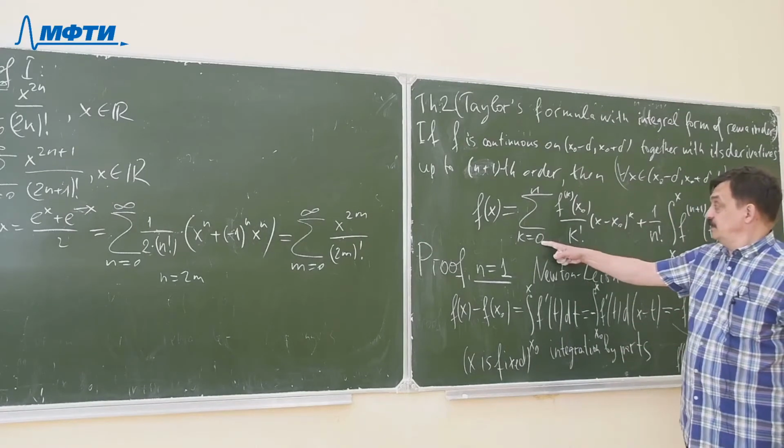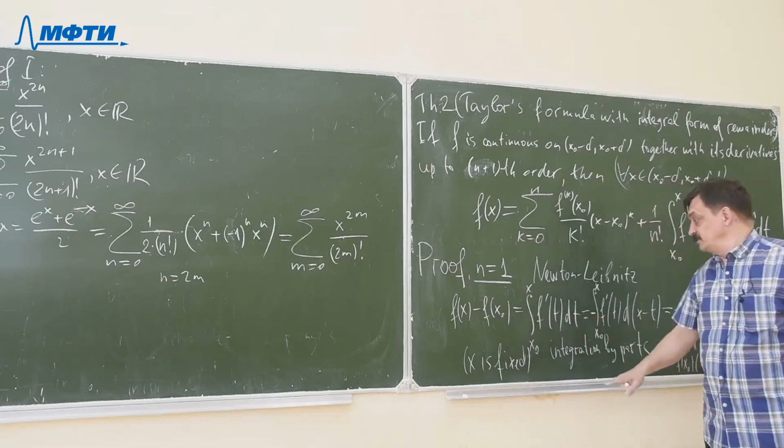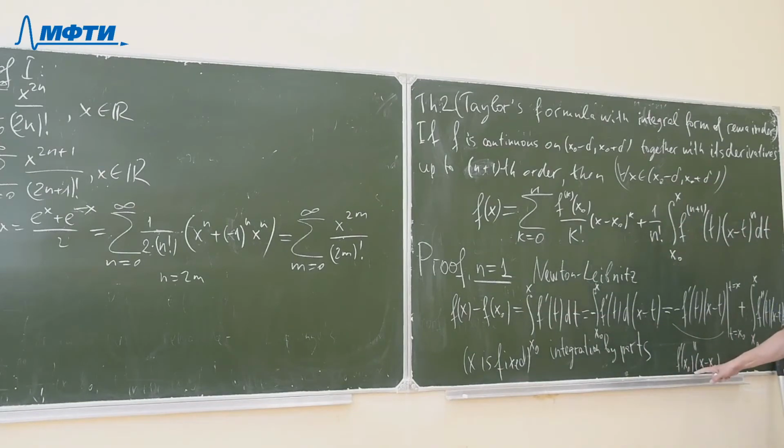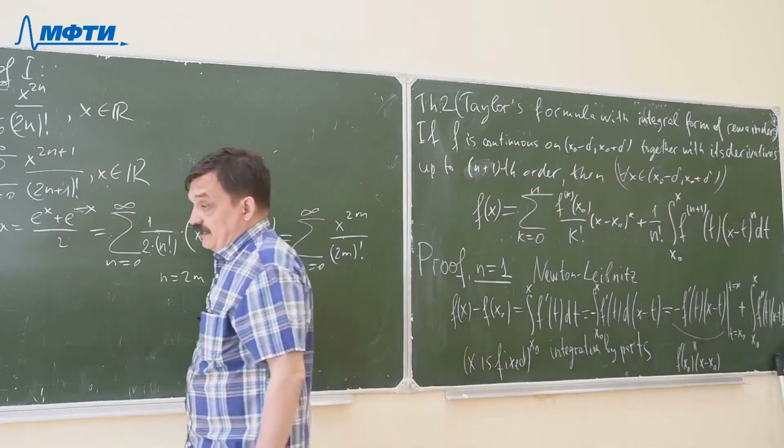So k starts from 0 to 1, f of x equals f of x naught plus f prime at x naught times x minus x naught. Okay, let me write it down explicitly.